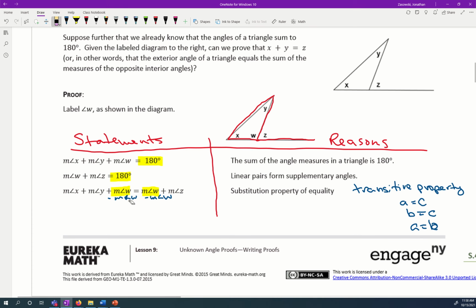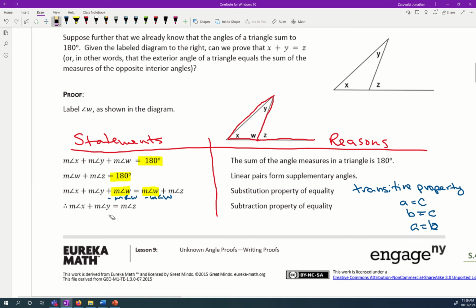That's right. And if angle W goes away, we get left with angle X plus angle Y equals angle Z. And the reason is just the subtraction property of equality. That's it. This is your proof. We're done. Okay? So we now have shown why this exterior angle theorem works.